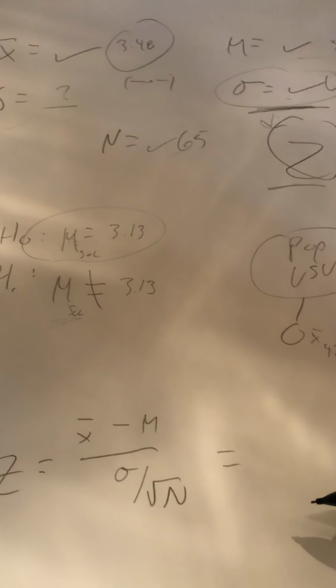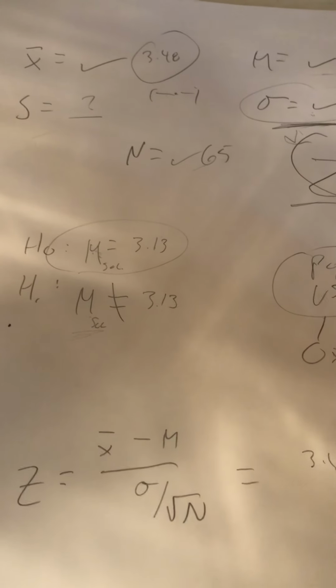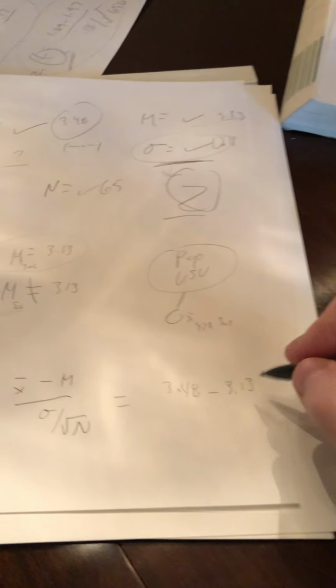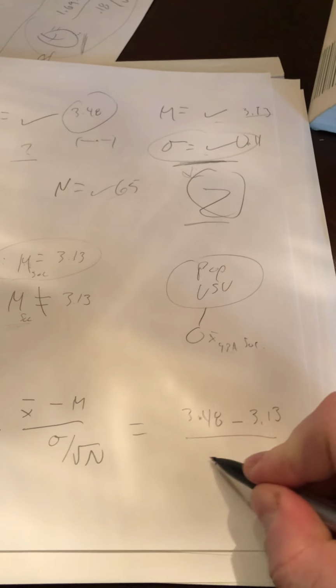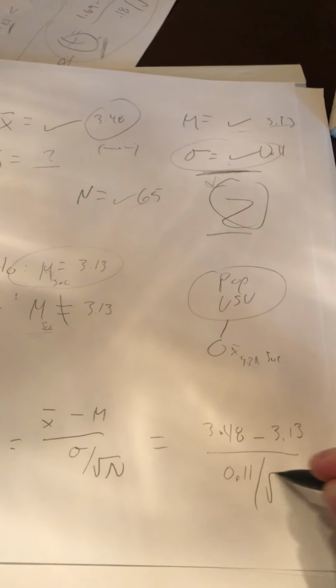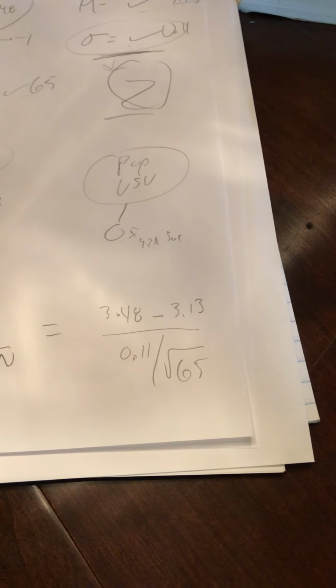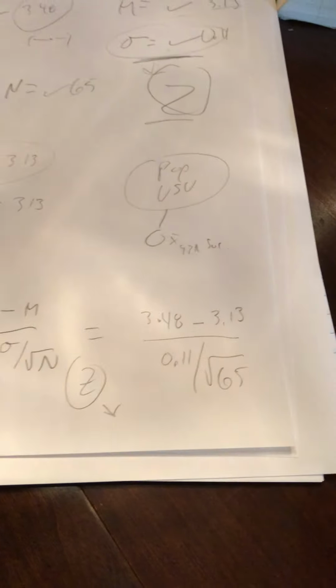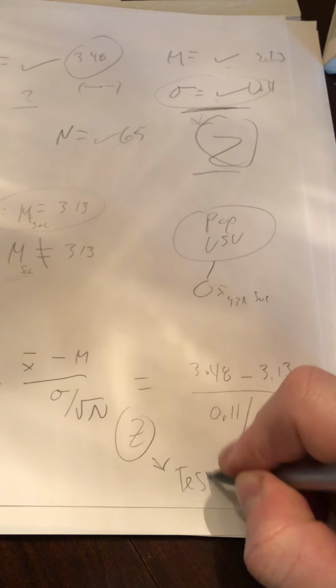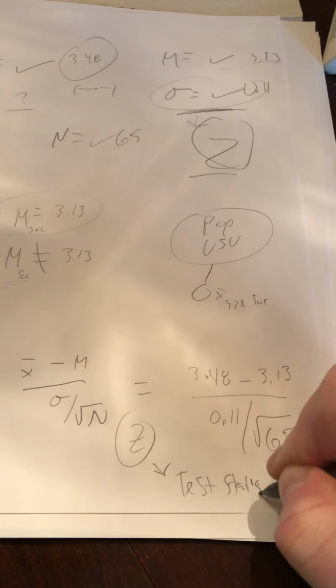Sample mean 3.48 minus the population mean 3.13, divided by the population standard deviation 0.11 over the square root of 65. And that's it. That's how you calculate your Z test statistic.